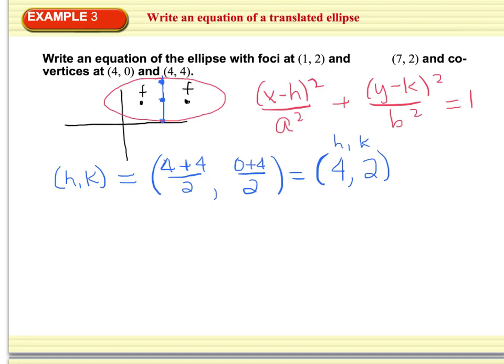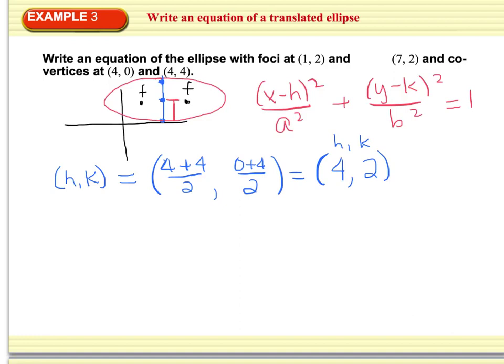The next thing we need to find, because we are given our co-vertices, is our b value. Now on our ellipse, the b value is actually the distance from the center to the co-vertex point.